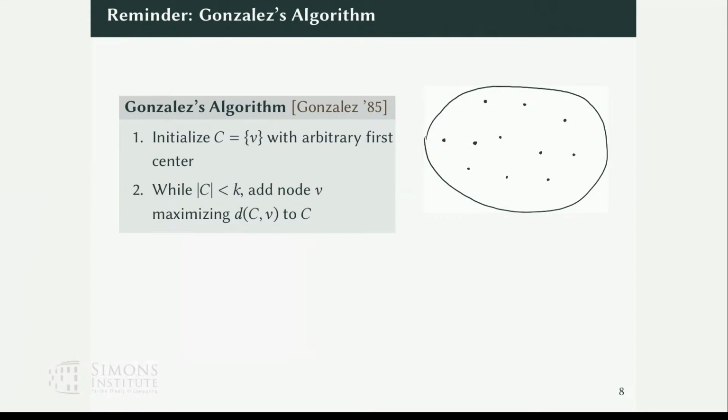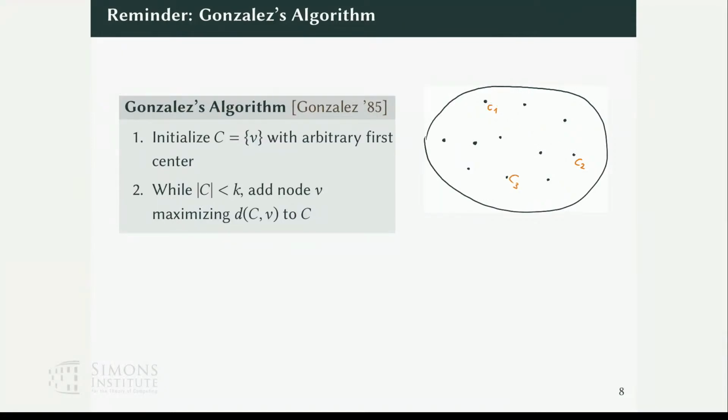Here, again, a reminder: how does this one type of 2-approximation work? It's this algorithm that starts with an arbitrary first node as the center, say this one, and then takes the node that has the maximum distance to the center and says, okay, that's my second center. And then you go on. You find the node that maximizes the distance to these two nodes simultaneously.